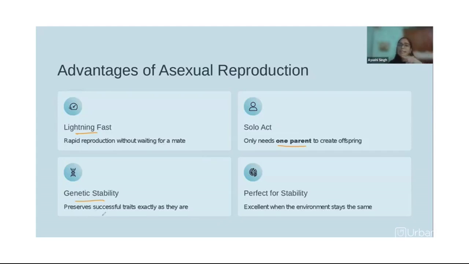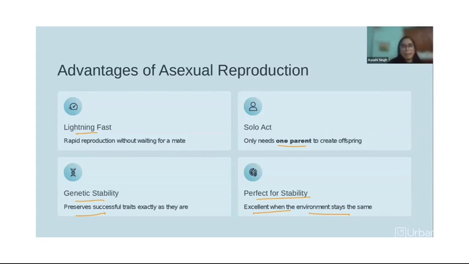That means whatever genetics was there in the parent will continue to be there in the offspring as well. Okay. And perfect for stability. So excellent when the environment stays the same. If the environment is not changing much, this is one of the best reproduction methods, because the organisms will not mutate. There won't be much variation. So they will survive that particular environment very easily. Okay.